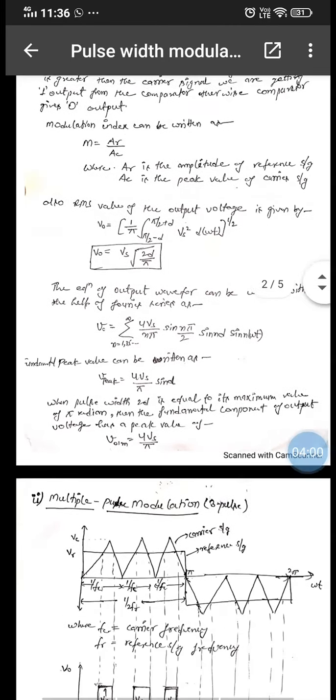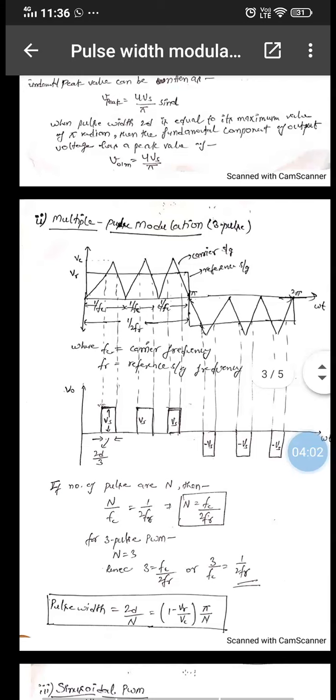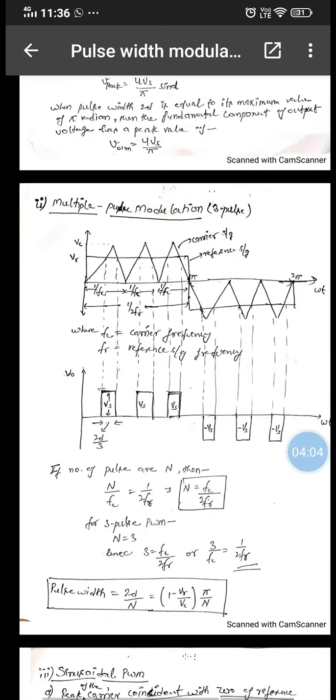Similarly, next one is multi-pulse modulation. What is the difference between single pulse and multi-pulse? In multi-pulse, we get multiple pulses in a half cycle. Here we are doing 3 pulse modulation.